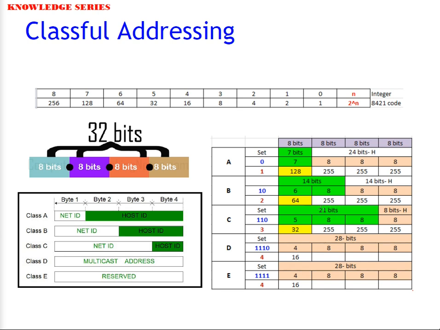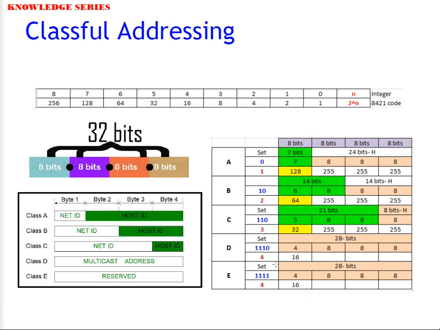Again, this 21 bits is split just like the class B pattern. So here 8 plus 8 is 16, plus 5 is 21. So 5 is here and the remaining is put here. If you take the power of 2, that is 2 to the power of 5, you will get 32 here, then 255, 255. So this is class C.